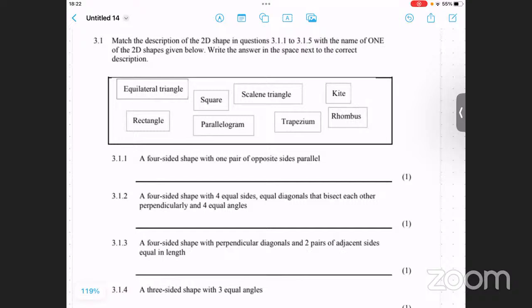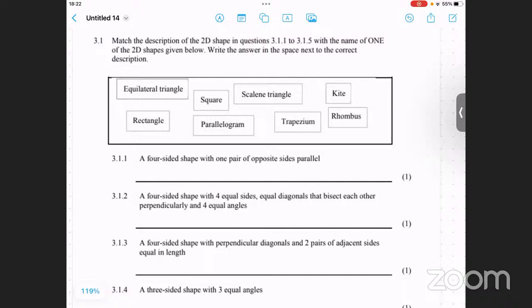and make use of the formulas we learned throughout these geometry lessons, right? So they say match the description of the 2D shape in question 3.1.1 to 3.1.5 with the name of one of the 2D shapes given below.